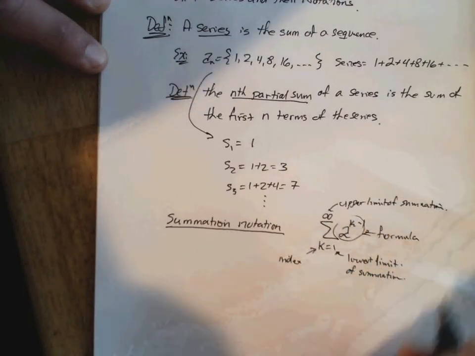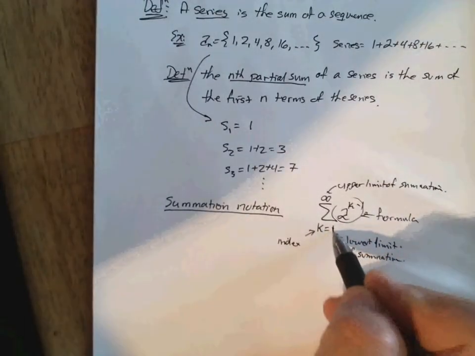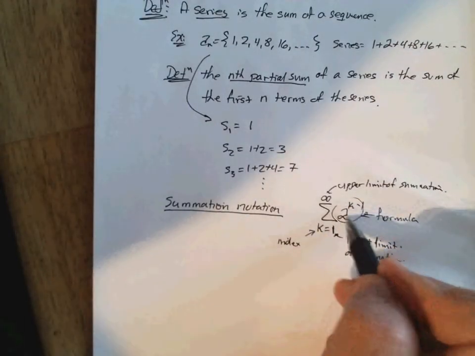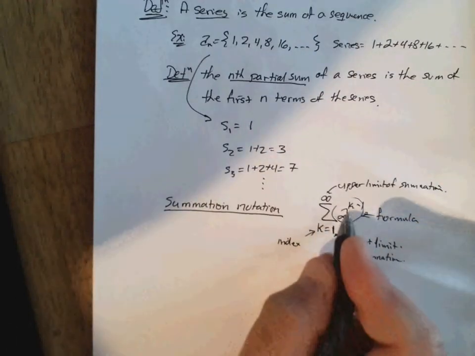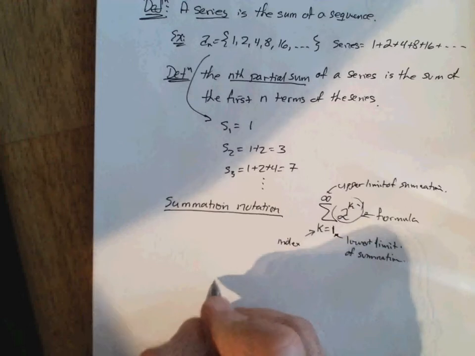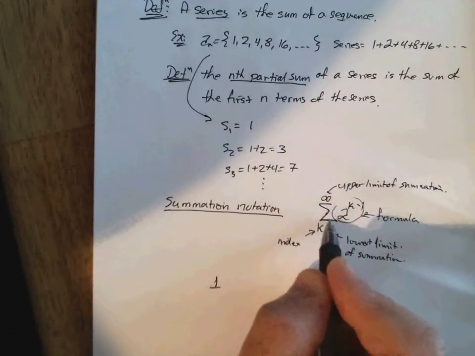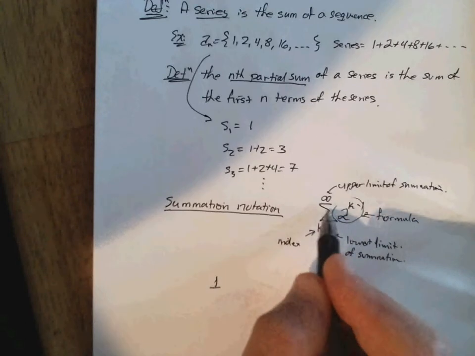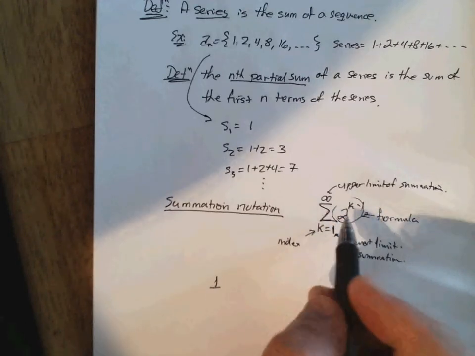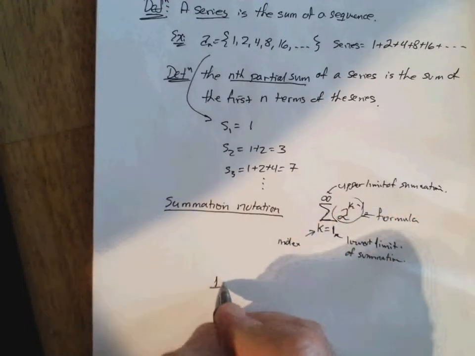And the way this is read is we let the index start at the lower limit. The index starts at 1, and we get the term. So when k is 1, you get 2 to the k minus 1. 2 to the 1 minus 1 is 2 to the 0 is 1. And then this summation symbol, this is the capital Greek letter sigma. We use sigma as the Greek version of our letter S, standing for sum, means add the terms as they go through.